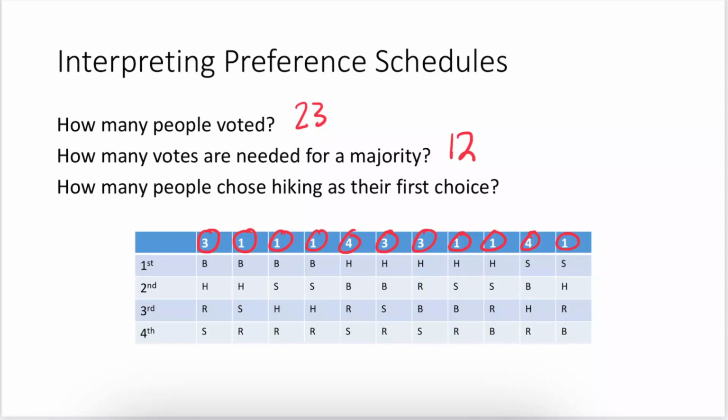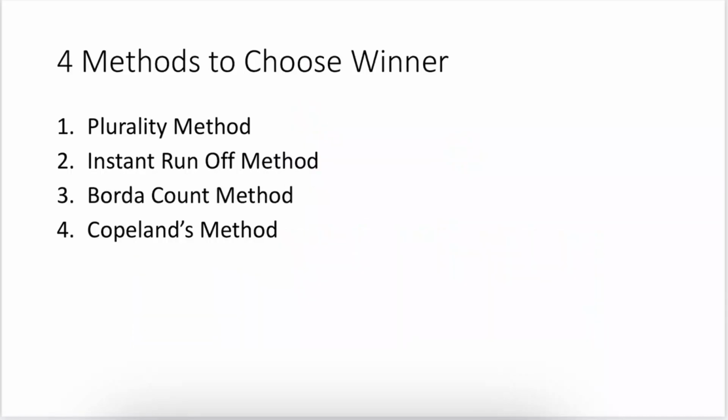For example, if you were asked how many people chose hiking as their first choice, it looks like these 4 or 5 columns represent the people who chose hiking as their first choice. If you add up all of these numbers, that would tell you how many people chose hiking as their first choice.